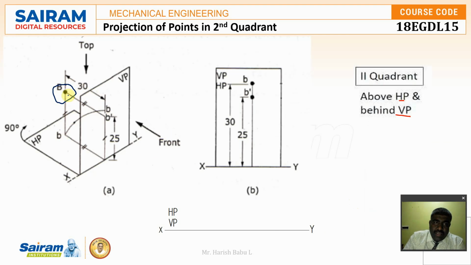So I'm going to observe this. I have to go in the backward direction of the projection. I'm going to project this. I'm going to get B dash, and I'm going to observe for the top. I can get the B onto the horizontal plane. Now this is B and this will be your B dash.